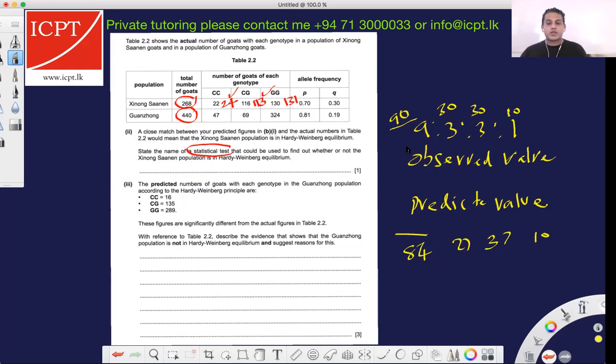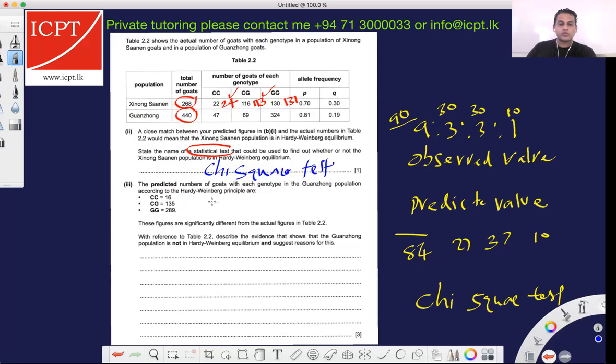We can answer that question by performing a chi-square test. So the answer is the chi-square test, observed and predicted.